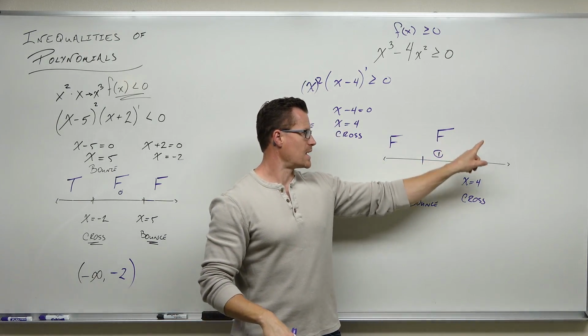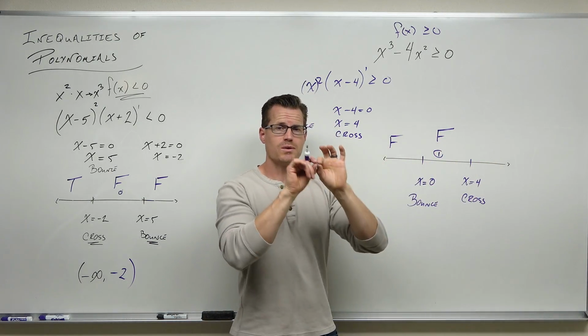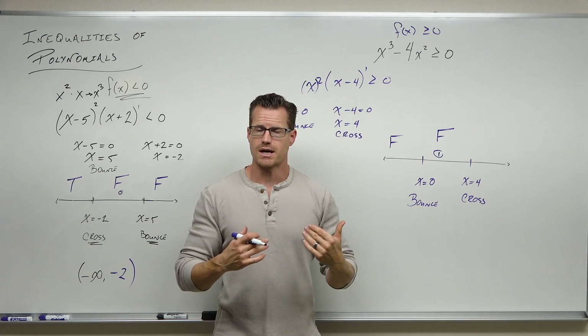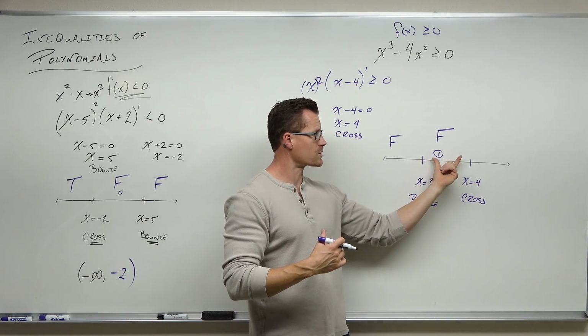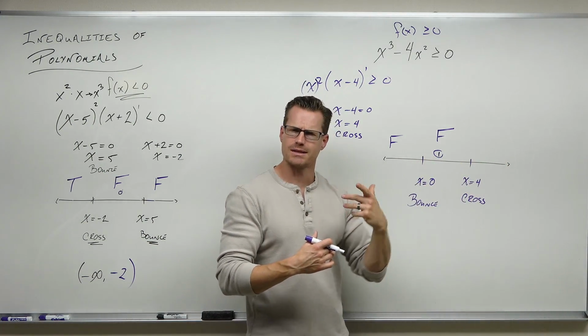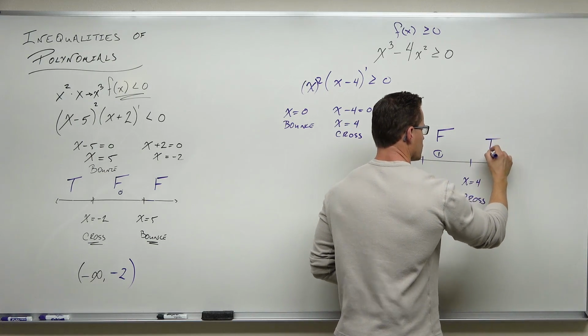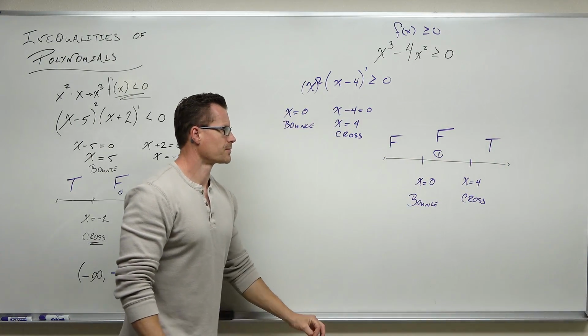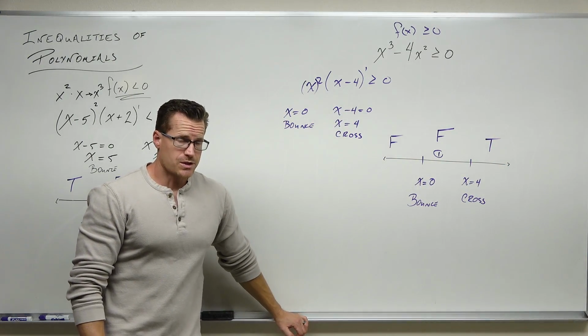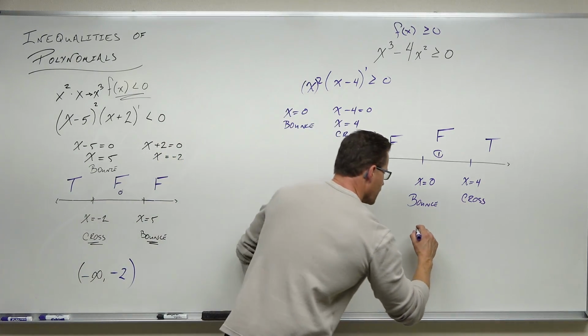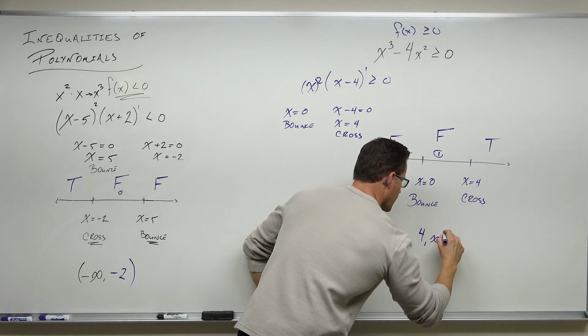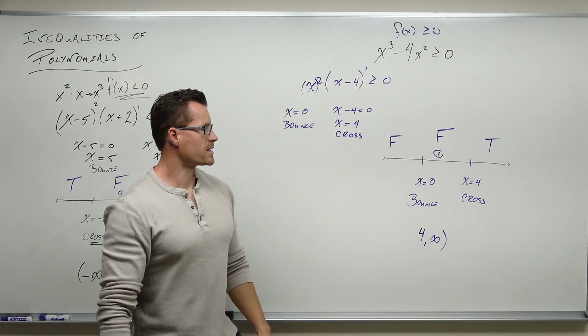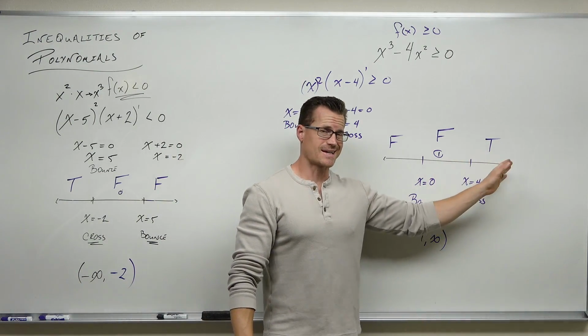If that's false and this is a cross, that's true. You have to have opposite signs on different sides of a cross. So if this interval is false, this one has to have the opposite sign and is therefore true. So it appears the only true interval is from 4 to positive infinity, because that's this number line, that's the x-axis.